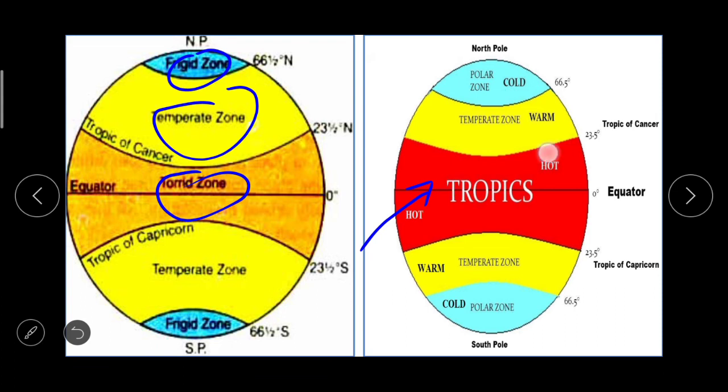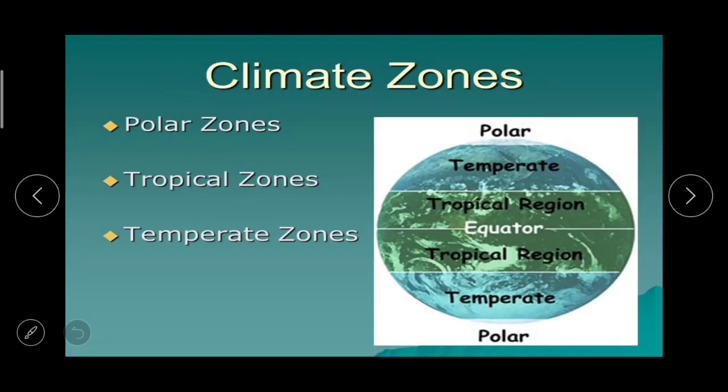So in tropics it is very hot, in temperate zone it is warm, and in polar zone it is cold. Climate zones, polar zones, tropical zones, and temperate zones.